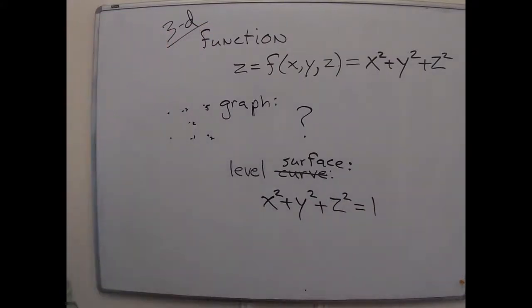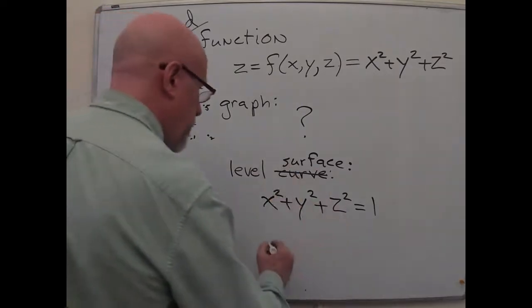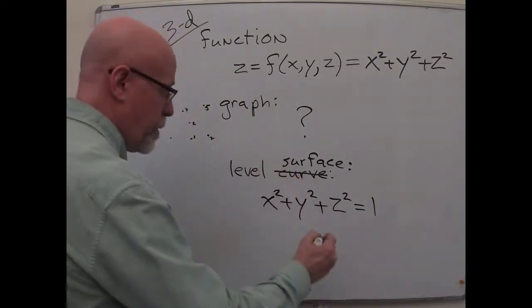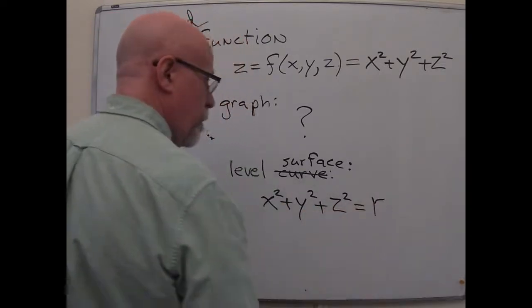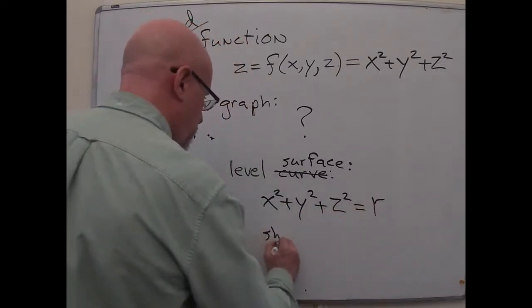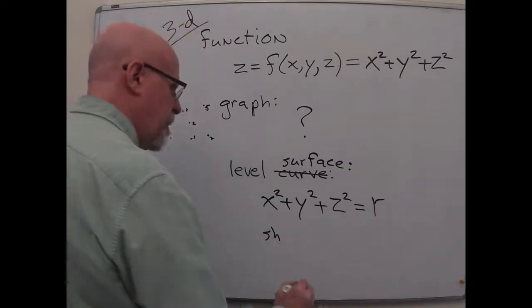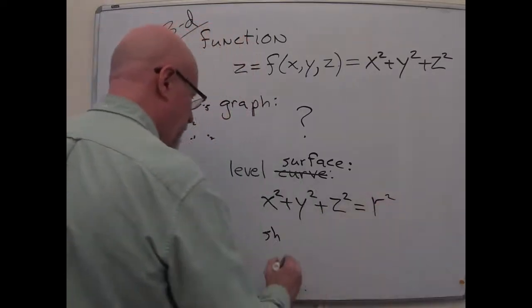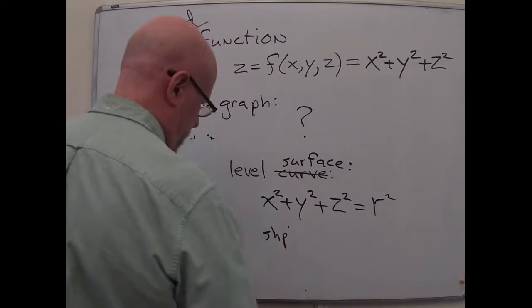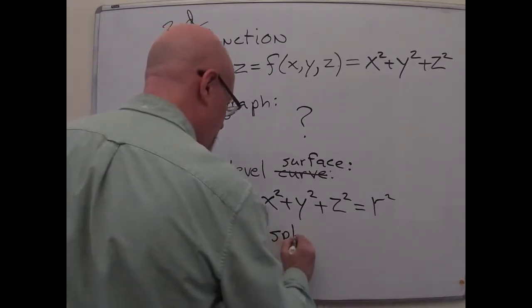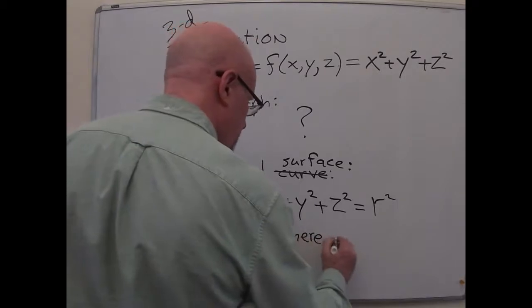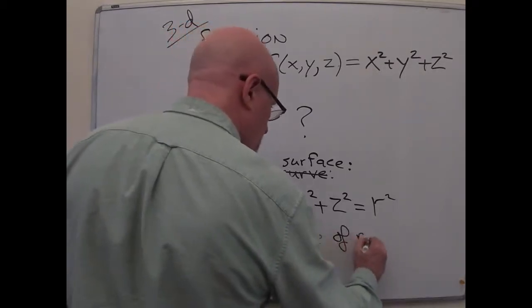What's that level surface for our function? That's a sphere of radius 1. And it's easy to see that if you jump it up to some other value, x squared plus y squared plus z squared equals r, I guess I should write r squared, that would be a sphere. The level surfaces are concentric spheres of radius r.